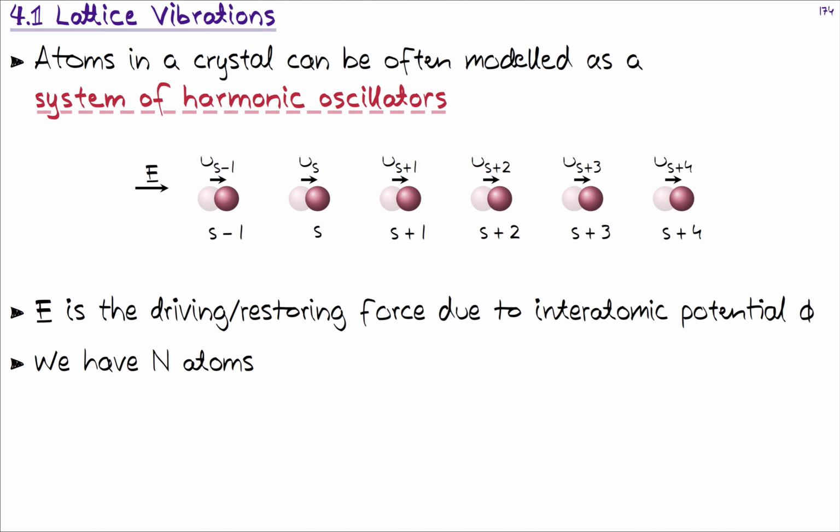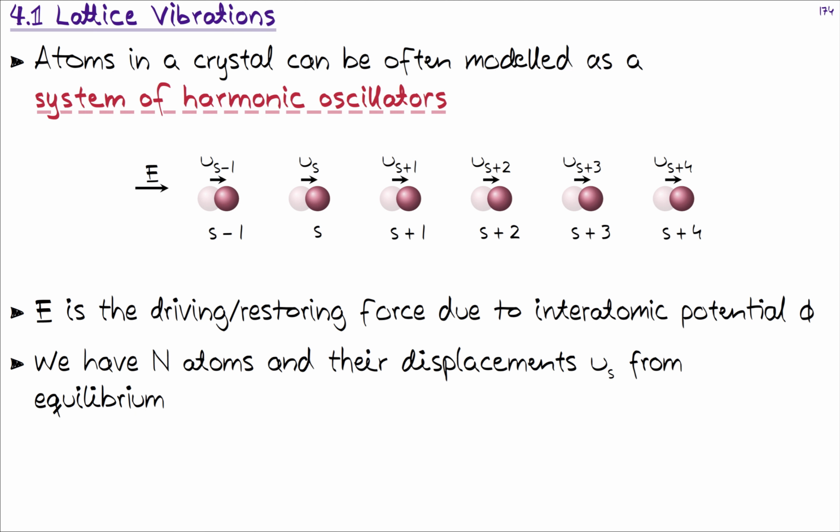And we have many atoms, so we usually use a capital N to describe how many atoms we have. And usually we have roughly 10 to the power of 23, so an Avogadro number provides us the right order of magnitude most of the time for how many atoms we're actually dealing with. And then we have their subsequent displacements. So u_s is the term for displacement, and this is the shift of each atom, the sth atom, away from its equilibrium position.